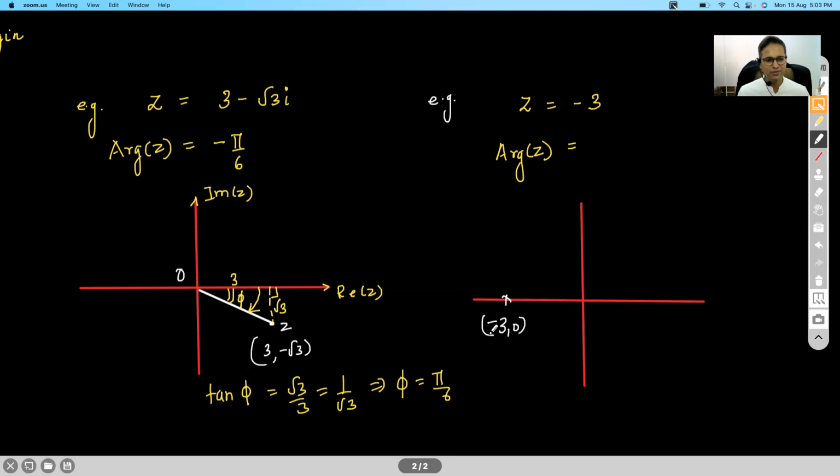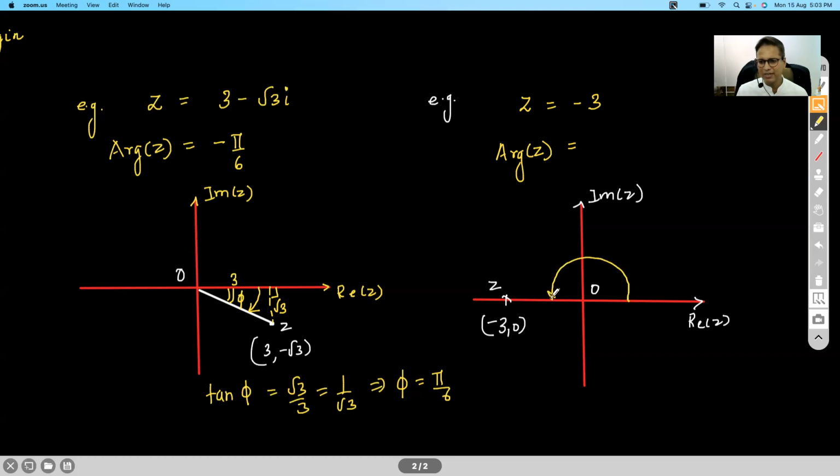Correct? No? Correct? So starting from the positive real axis, if I have to make a movement to hit this point, okay? Now, I need to cover the shortest angle, right? So one school of thought would be, this could be my shortest angle, right?